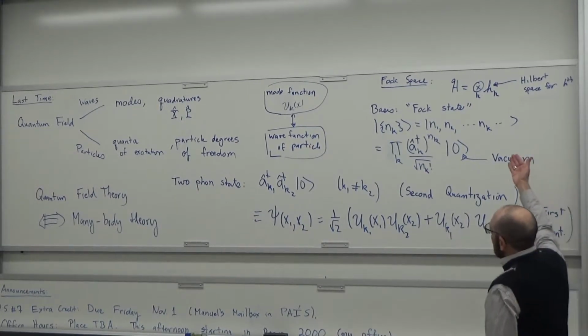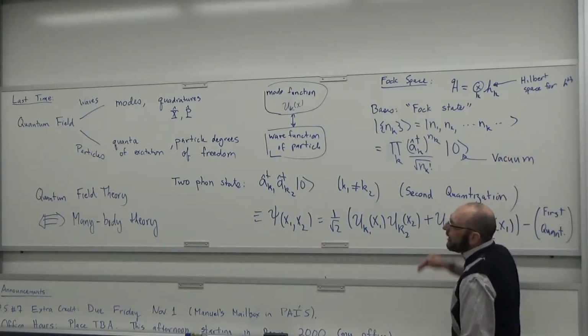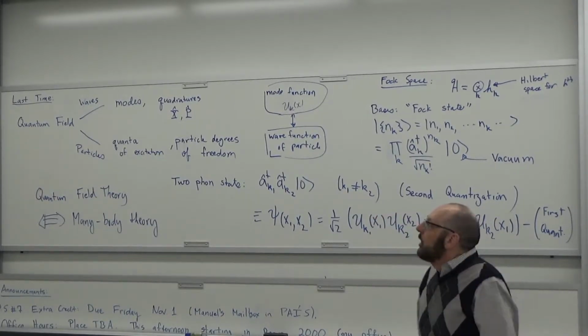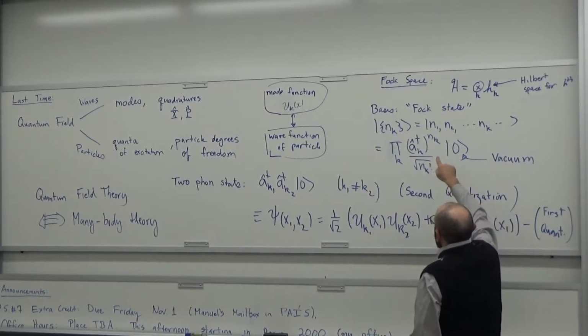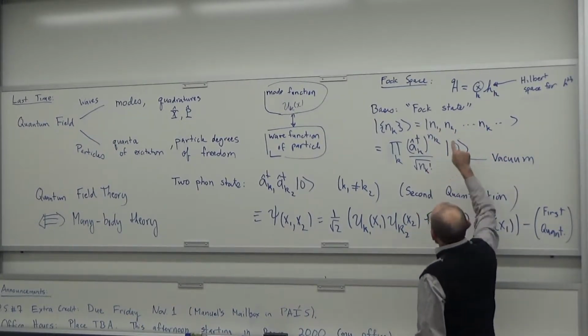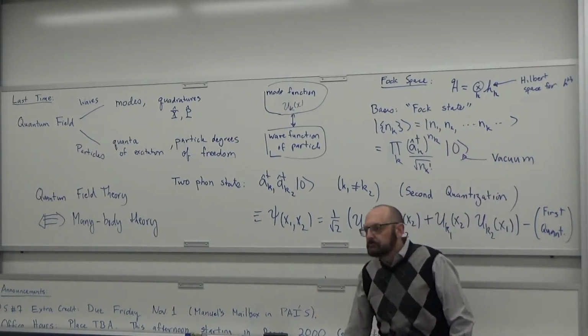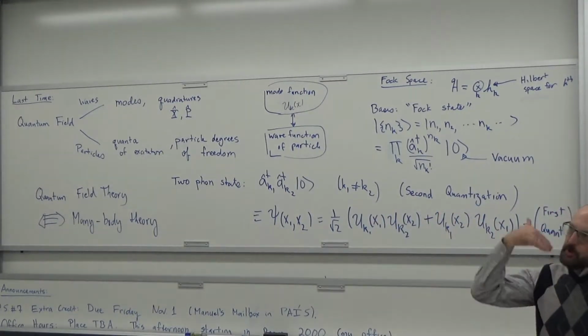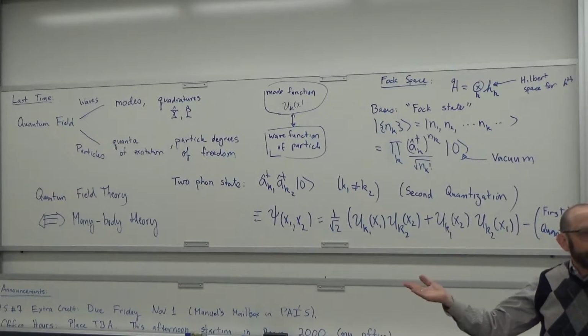And the basis, the standard basis for that Hilbert space we call the Fock states, which are the states in which we have some number of quanta in the given modes. Okay? So that forms a basis for the whole Hilbert space, for the whole quantum field.